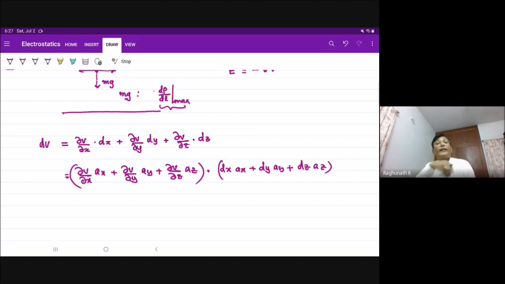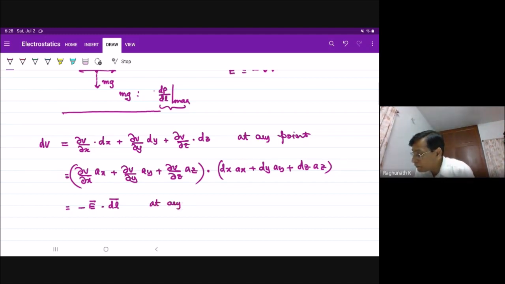I know very well that it is equal to minus E bar dot dl bar at that point. At any point. The derivation is fixed. It's only a one step derivation for us, like this. Right?